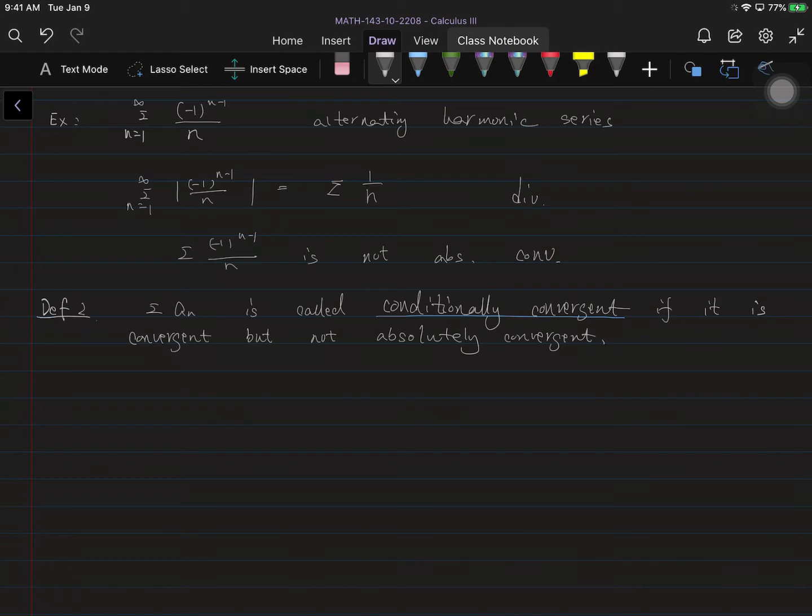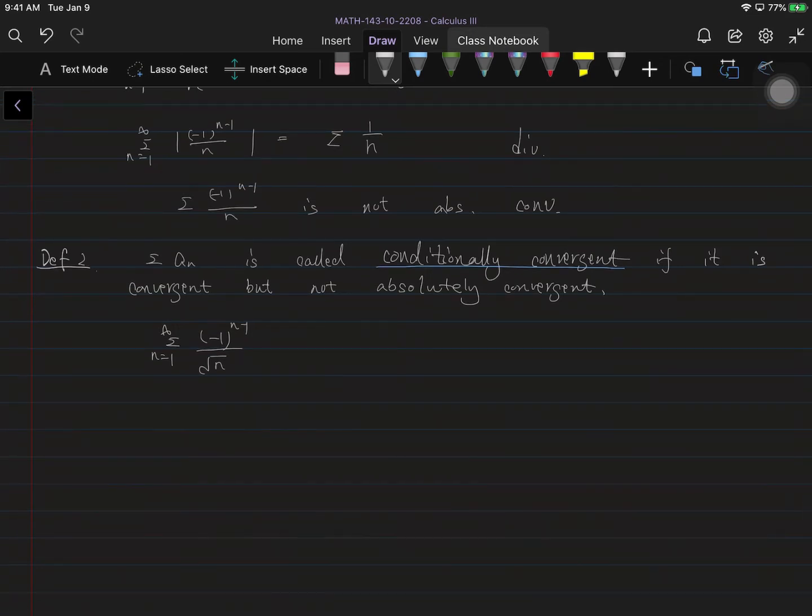We can take a look at this series. Can you tell whether this series is convergent or divergent? You know, this is an alternating series. By using the alternating test, just to remember the test, we have three conditions: u_n positive.